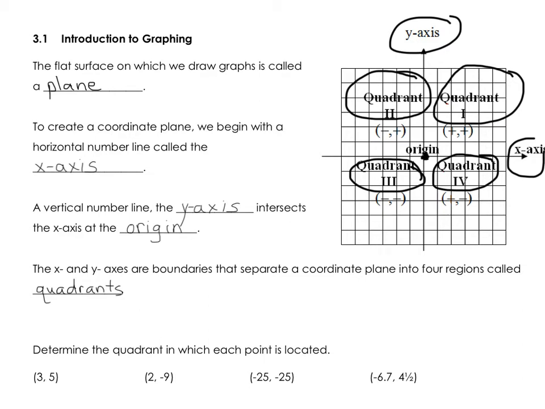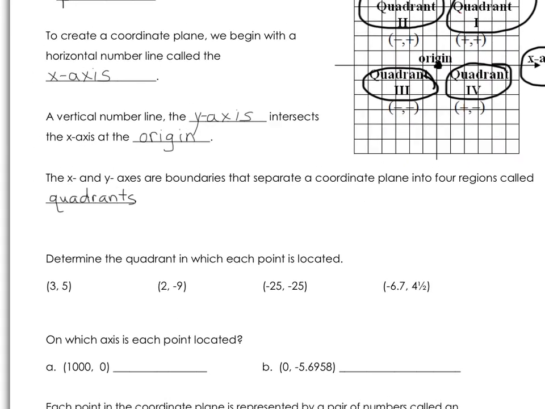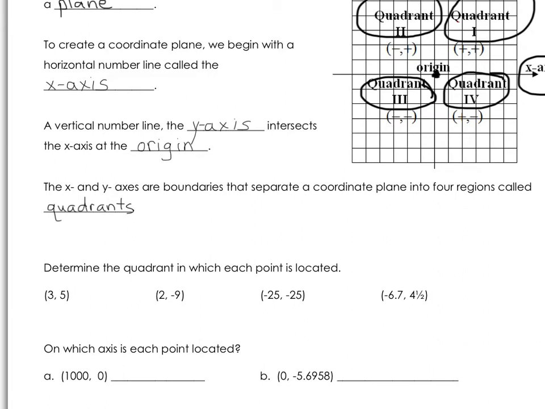So let's determine which quadrant these points are located in. So the point 3, 5. In an ordered pair, the first number is x. The second number represents y. So the first number tells you how far right or left to go, and the second number tells you how far up or down to go.